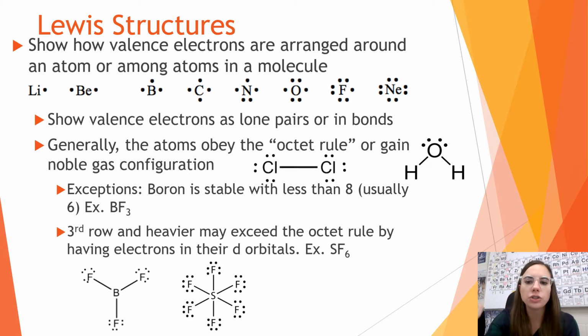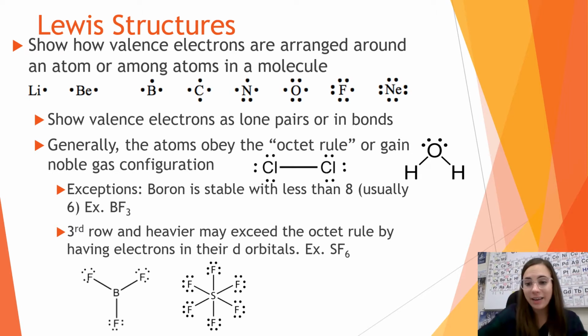So Lewis structures just show valence electrons, so they only show the outermost electrons in an atom or atoms. Generally, something to remember, atoms obey what we call the octet rule, so having 8 electrons is considered stable. They're kind of trying to get to that noble gas configuration.